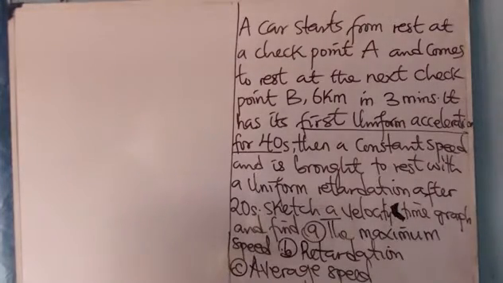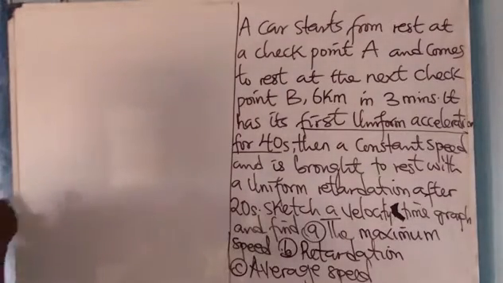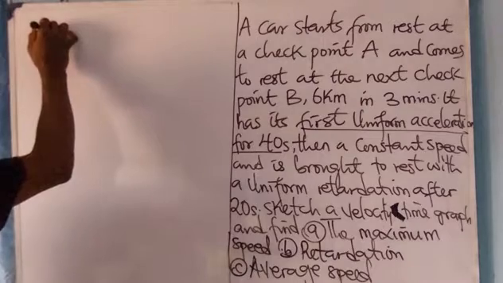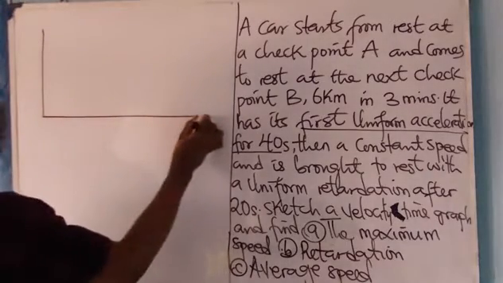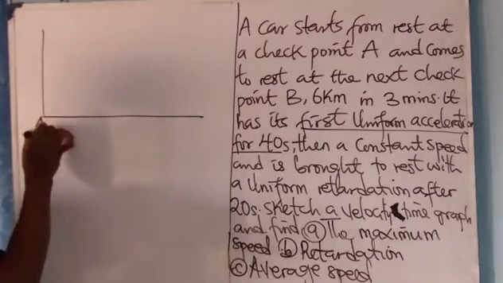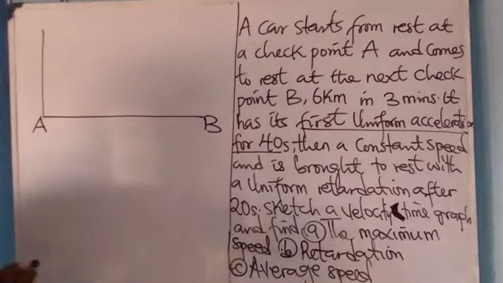So what do we have? Let's take the velocity time graph; you have it to be like this. The car started from point A to point B. These are checkpoints.